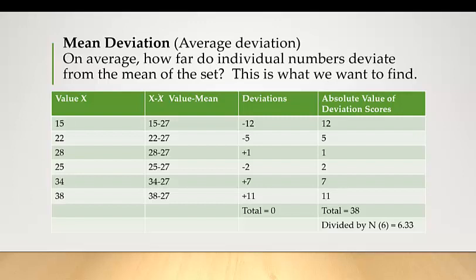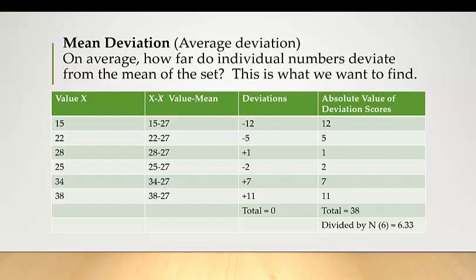And so you can see as we go through until we get down to our last class officer, who was able to do 38 sit-ups. 38 minus our mean of 27. This person deviated by getting 11 above the mean.